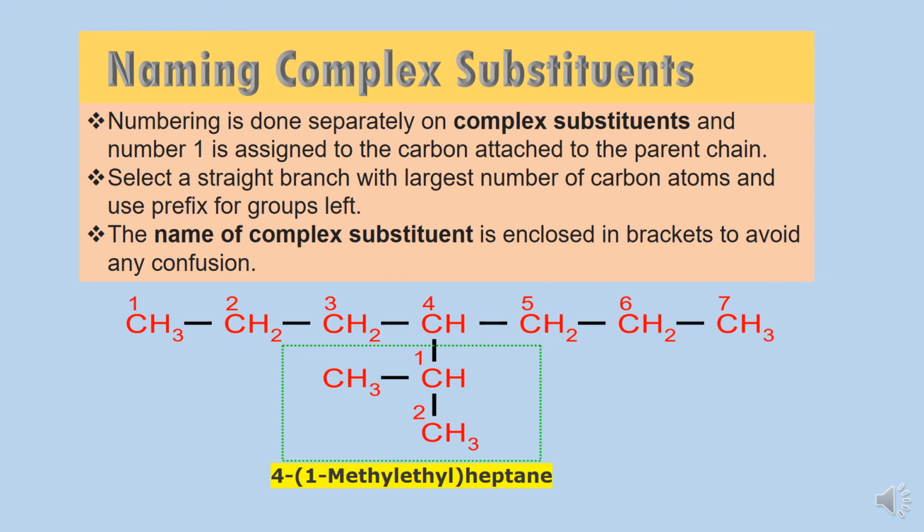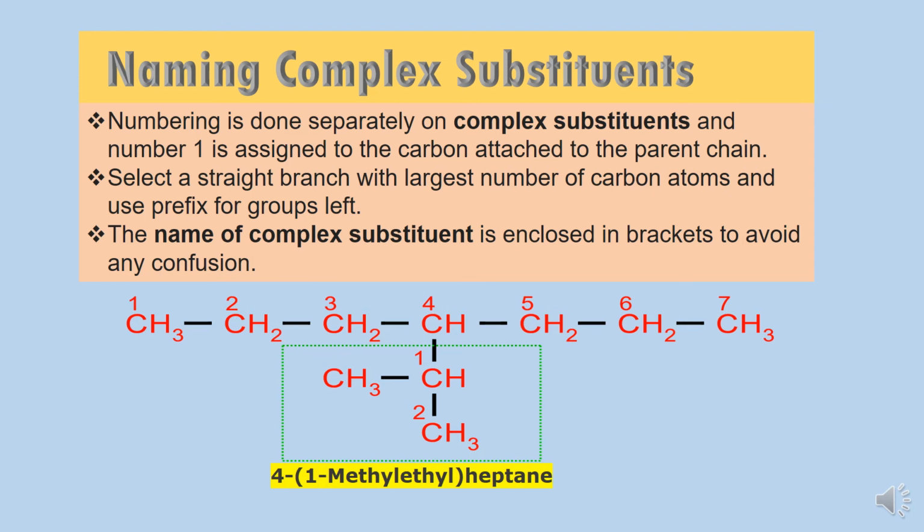For example, if we consider this complex substituent having 3 carbon atoms, 2 carbon atoms are in the straight chain, numbered 1 and 2 in the group, and 1 methyl group is left which is not included in the chain. So this would be named 1-methyl ethyl, and this is the name of the complex substituent alone, 1-methyl ethyl, which is to be mentioned in brackets, and it is written after the position by which it is attached to the main chain.